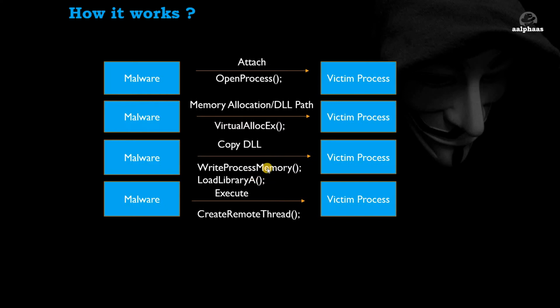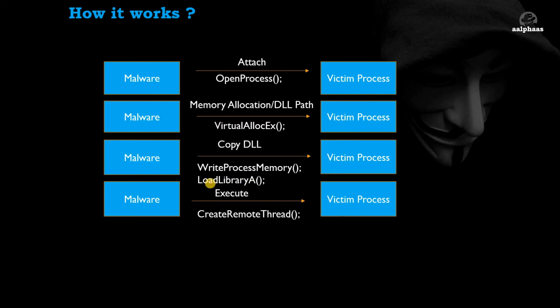And finally, we load the DLL path. We have to call the DLL using LoadLibraryA. LoadLibraryA is a tricky function actually. We can't directly use it to get a handle.